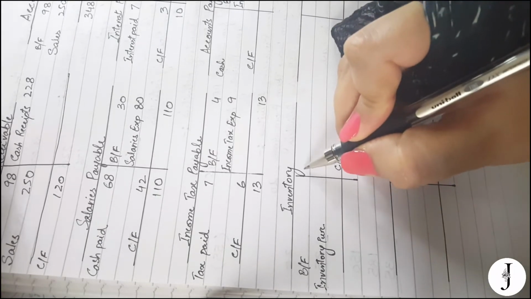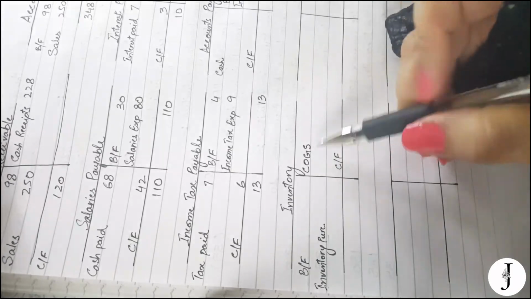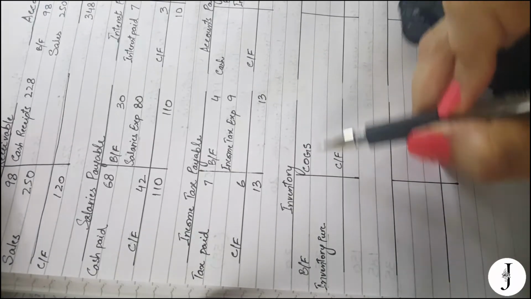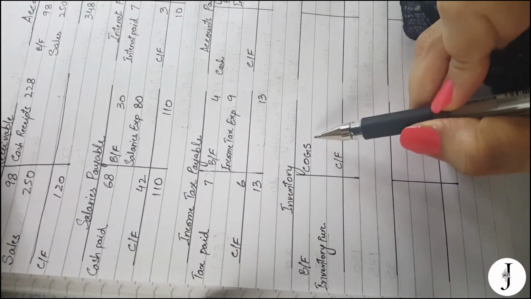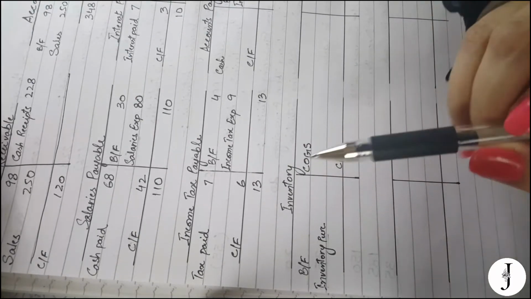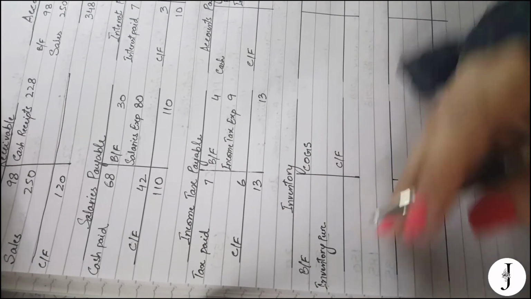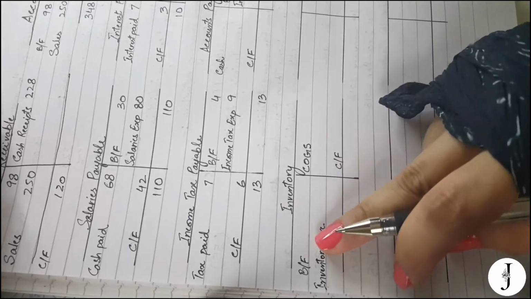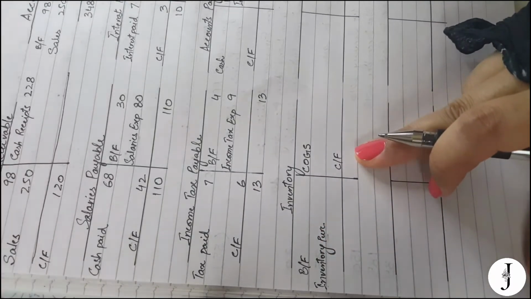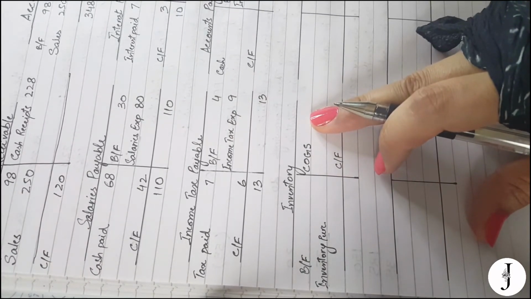So on this side we write cost of goods sold, and income statement is debited with this amount, cost of goods sold. So its second entry, the debit entry, is made in income statement. From here we can take the opening and closing balance of inventory from balance sheet and this cost of goods sold from income statement.